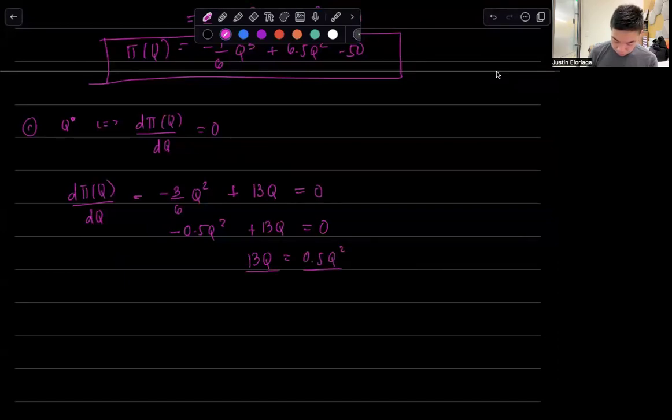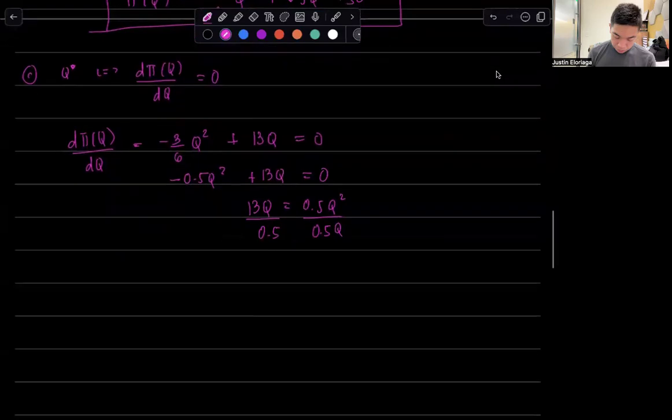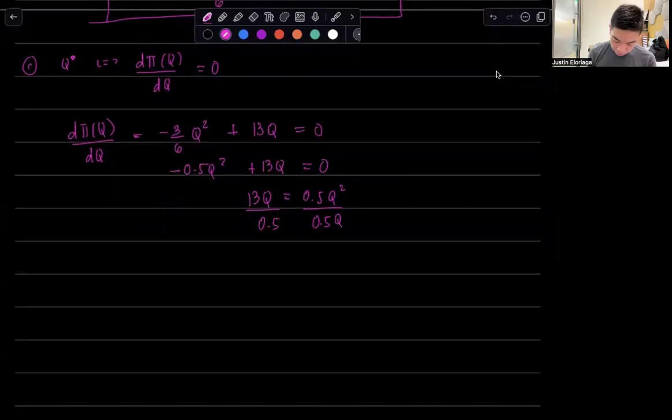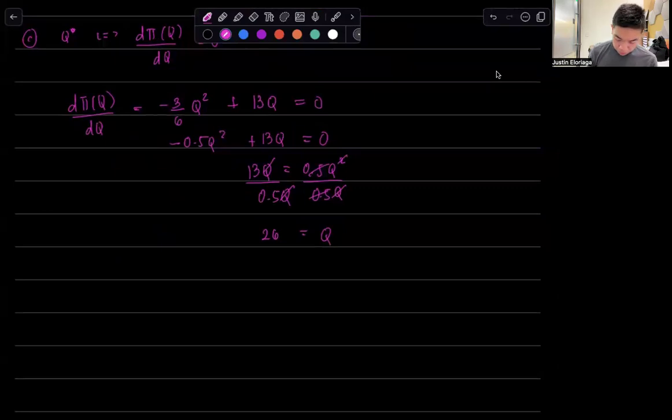If I divide both sides by 0.5Q, we're left with Q on one side, and 13 divided by 0.5 is 26. So Q star equals 26.